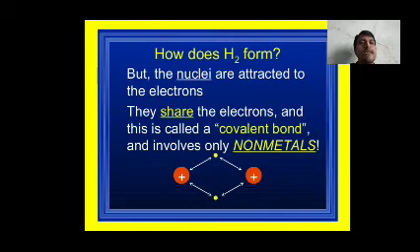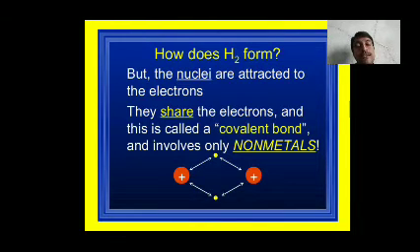But the nuclei are attracted to the electrons. The nuclei attract the electrons. They share the electrons, and this is called a covalent bond, which involves only non-metals. A hydrogen atom has only one electron, in the s orbital.